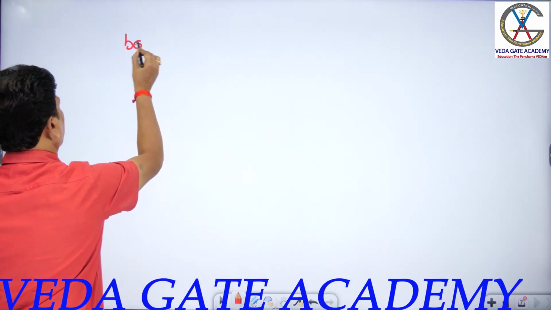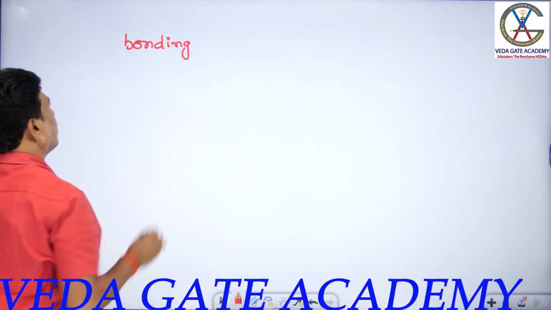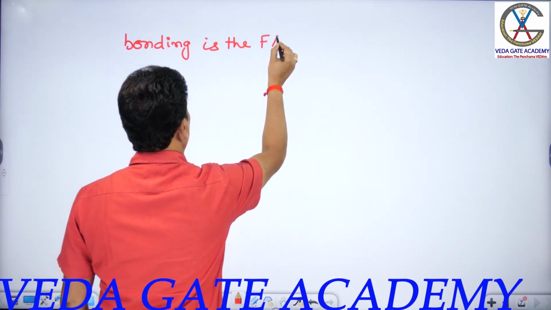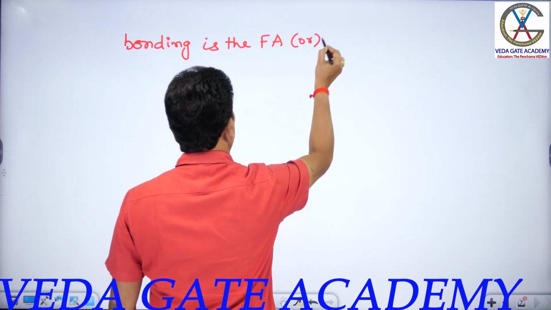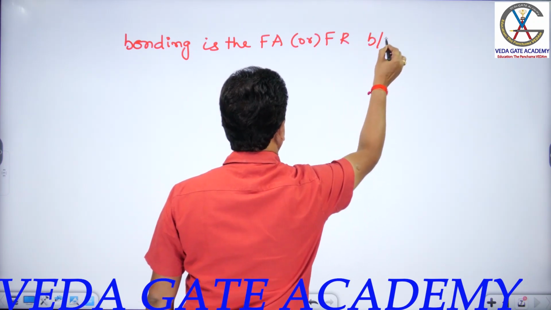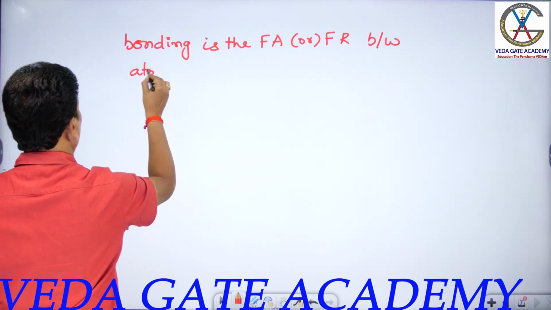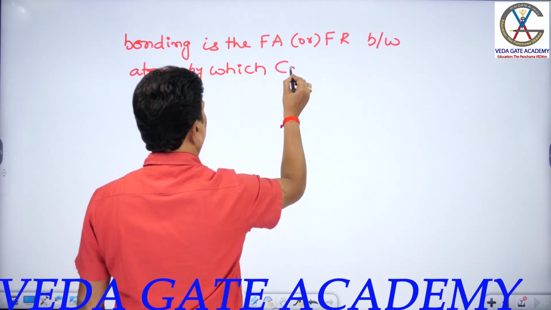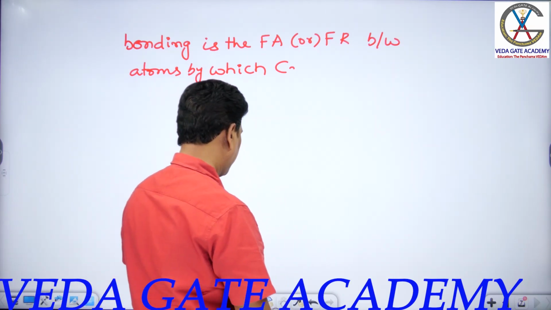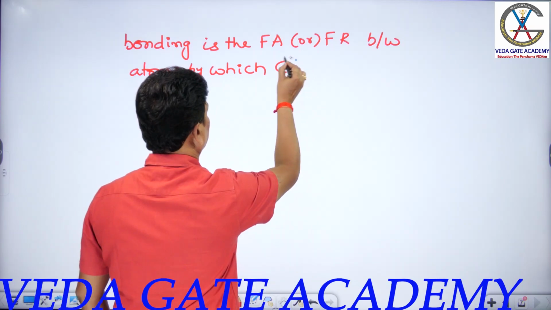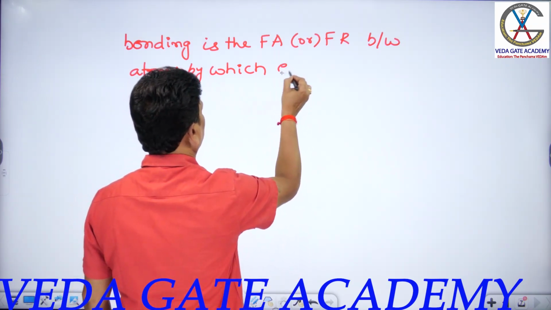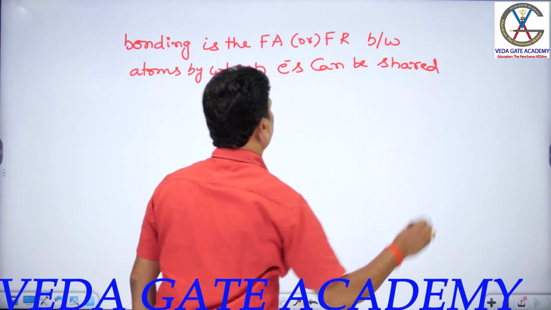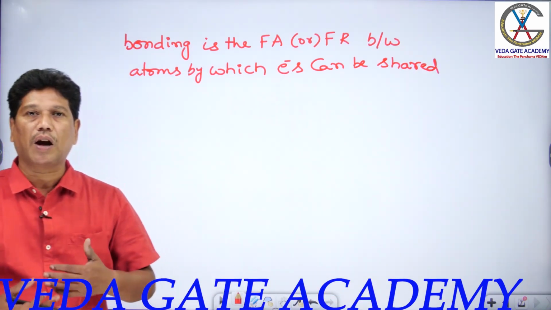So bonding is the force of attraction or force of repulsion between two or more atoms, by which electrons can be shared or transferred. By which electrons can be shared between the atoms, by that the atom becomes stable.